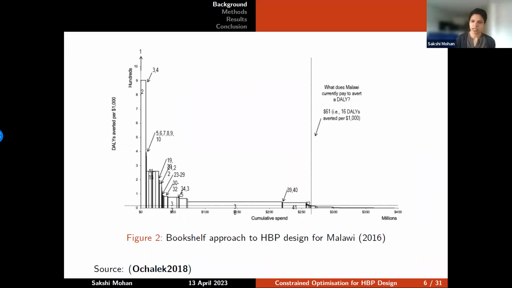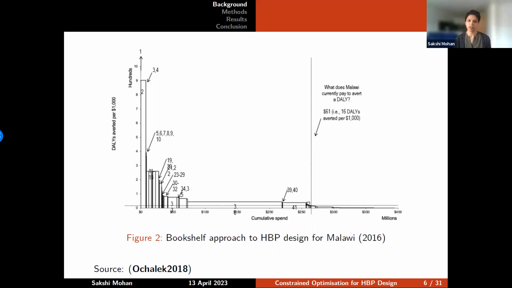So this figure was used to guide the health benefits package design in Malawi. And what you see in this figure is a series of interventions. So each rectangle represents one intervention. The height of the rectangle represents the DALYs averted by an intervention for every $1,000 spent. And the width of each rectangle represents the cost of delivering it to the population in need of the intervention.